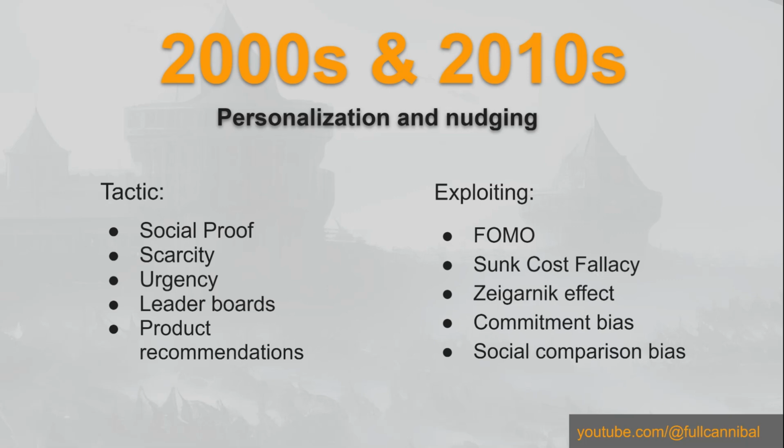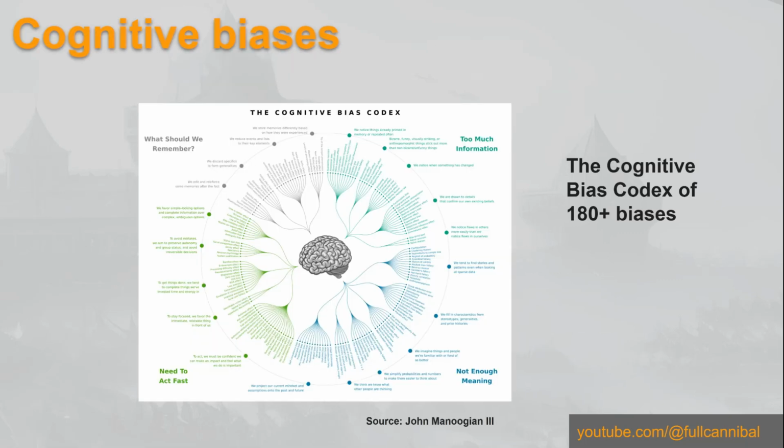And going back to social proof and scarcity and urgency, leaderboards, product recommendations, all of these things are part of our everyday exposure when we're online and interacting with any sort of e-commerce or social media, anything like that these days.